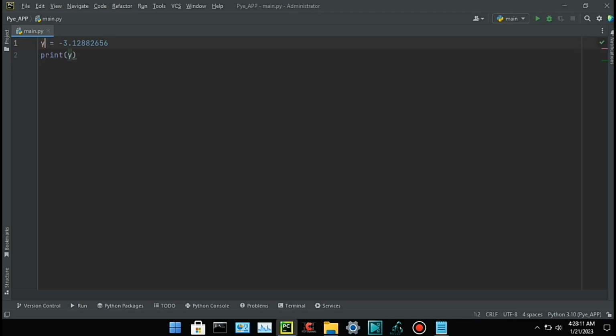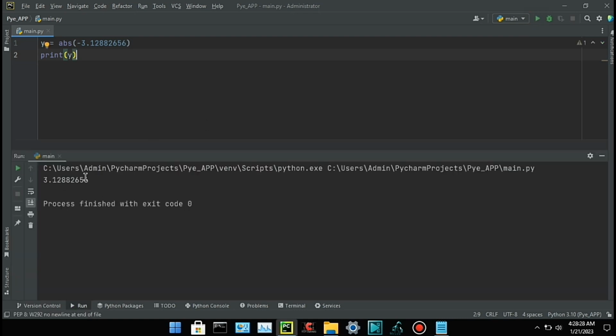Remember, we have to use the absolute function by typing abs, and then you open a parenthesis and input the negative number so that you can get the non-negative value of that number. When we run this code, hit the play button, you can see the non-negative value of minus 3.1 is given as 3.1.